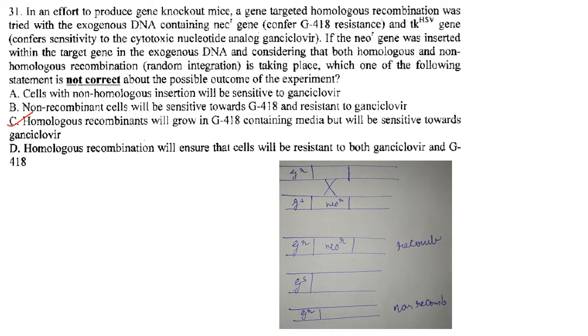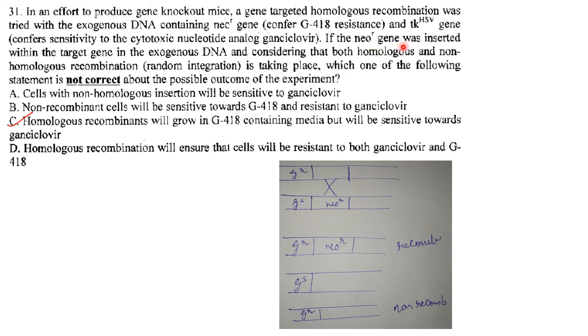Then next one, in an effort to produce gene knockout mice, a gene targeted homologous recombination is done with exogenous DNA containing a neomycin resistance gene that confers G418 resistance and a TK HSV gene that confers sensitivity to the cytotoxic nucleotide analog ganciclovir.